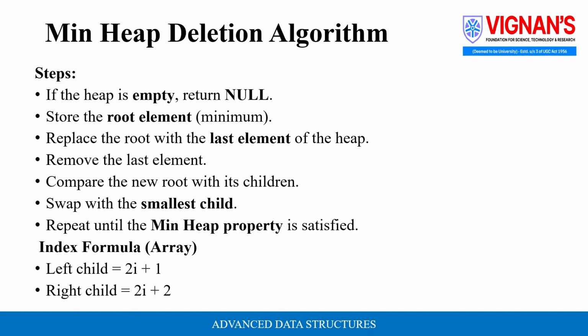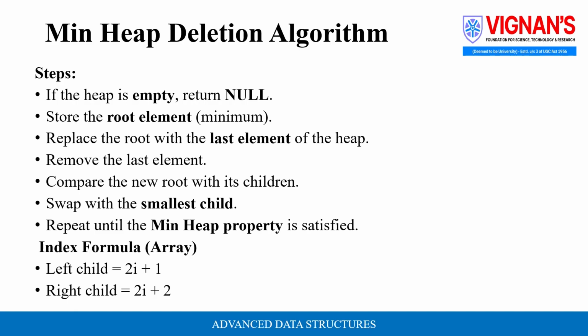After that, remove the last element from the heap. Now, compare the new root element with its children. If the root is greater than any of its children, swap it with the smallest child. Repeat this process of comparing and swapping until the min-heap property is satisfied.